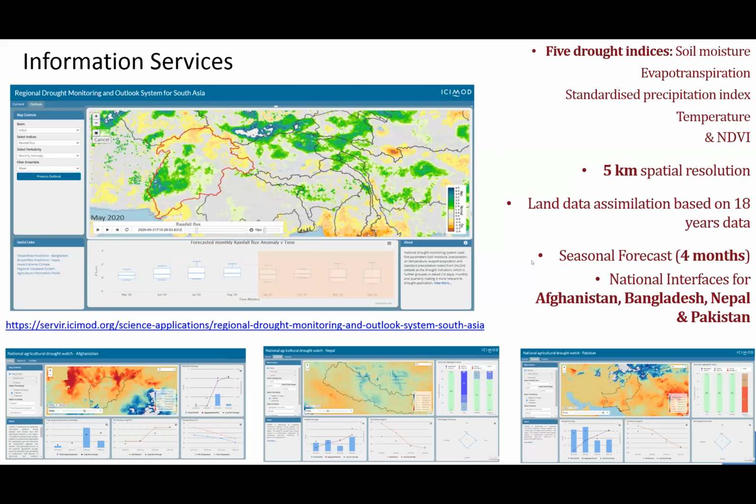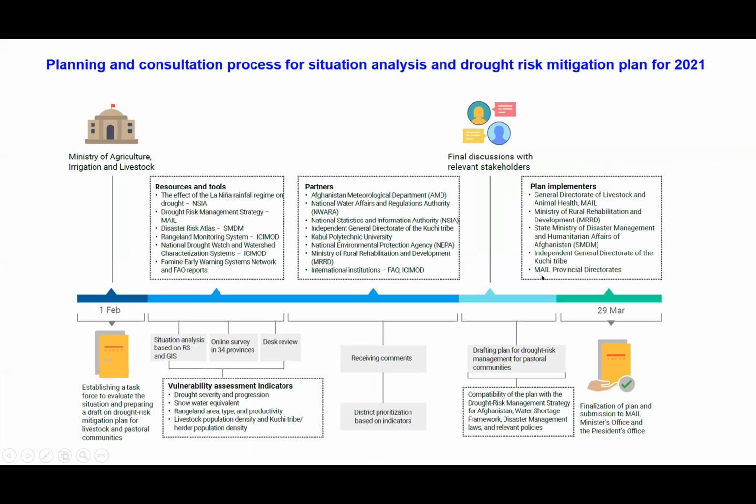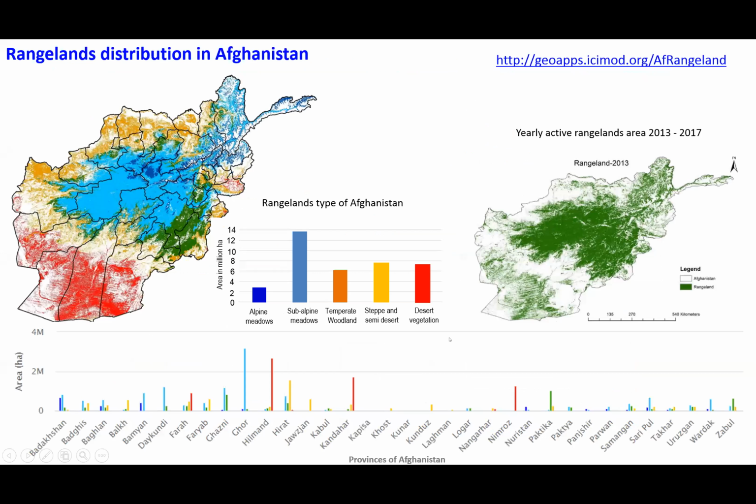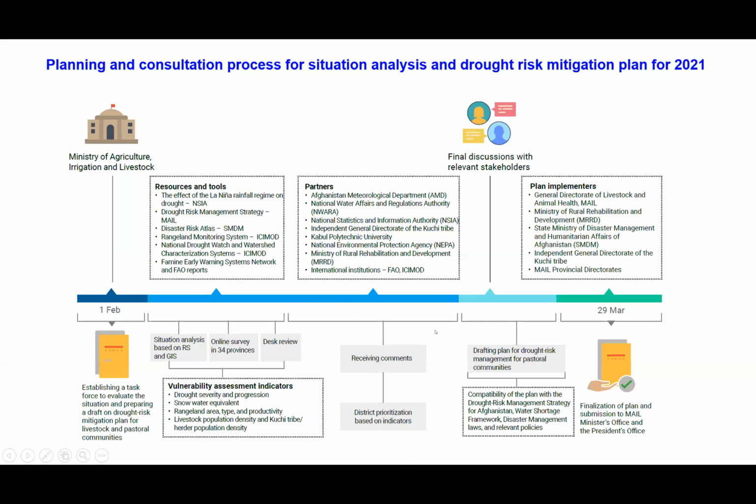I will talk about that seasonal outlook separately, but for now I'll give an example of the use of this national drought watch in the case of Afghanistan. Afghanistan has been going through severe drought conditions since November 2020.